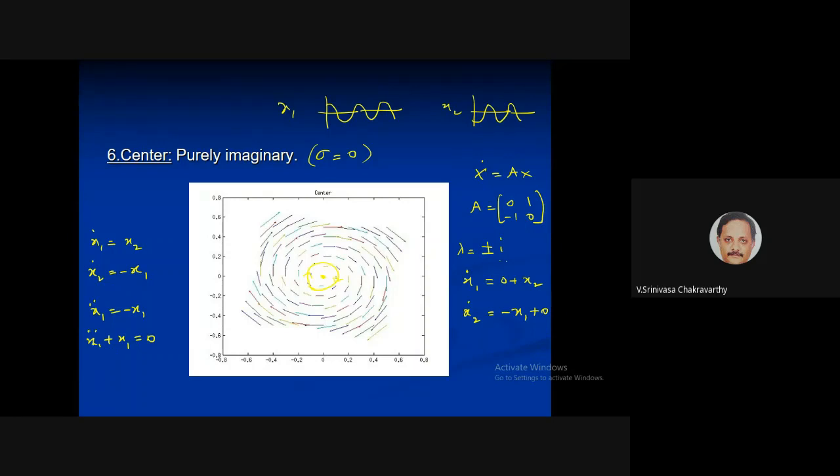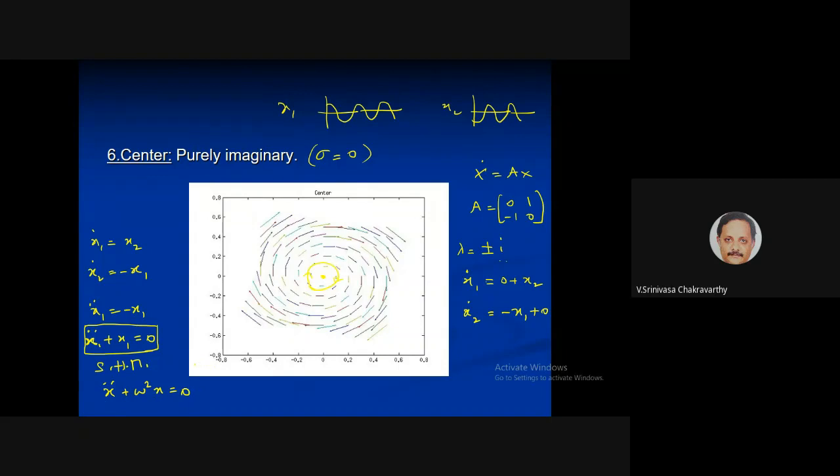What is this equation? What does it denote? Have you seen this before? Simple harmonic motion. Very good. More generally, it is x double dot plus omega squared x is equal to 0.